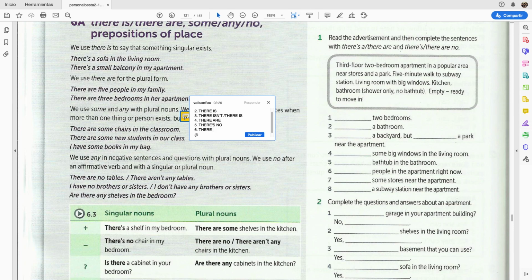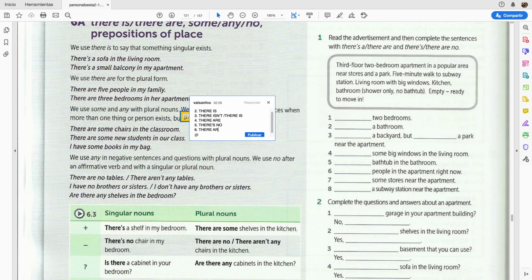We are going to use there aren't. But if you say there aren't, you would need to use the word any here. But the word any is not here. So we are not going to use there aren't.